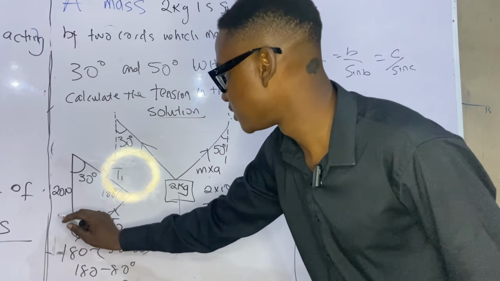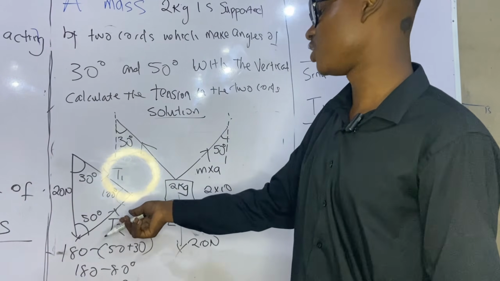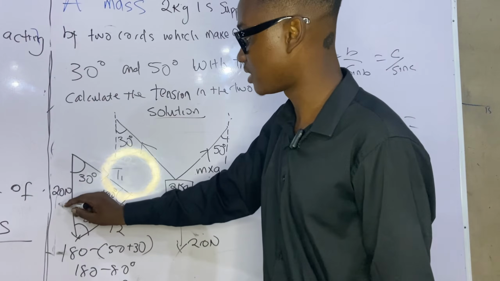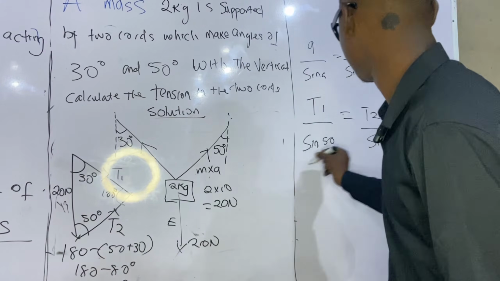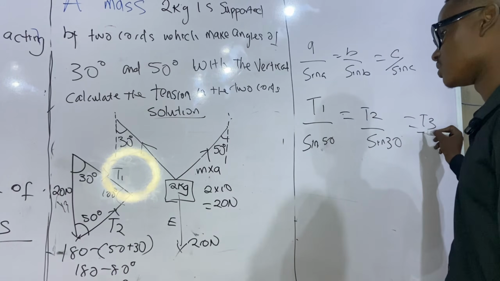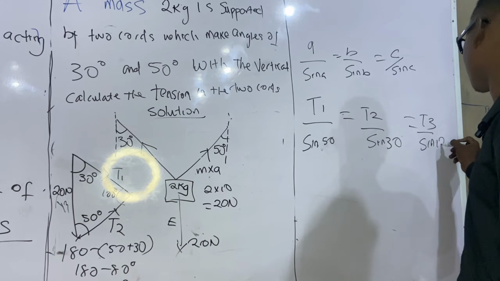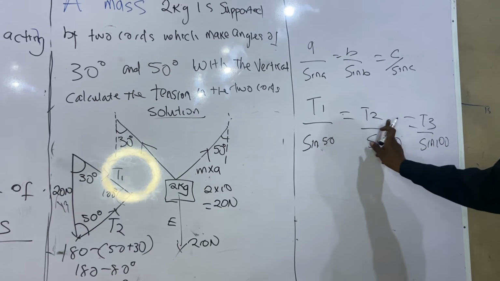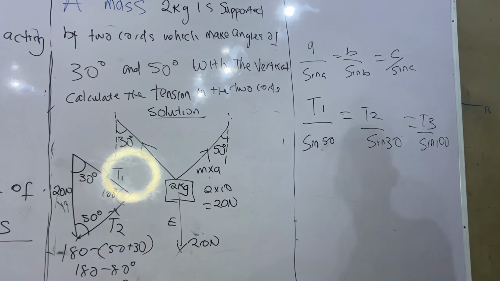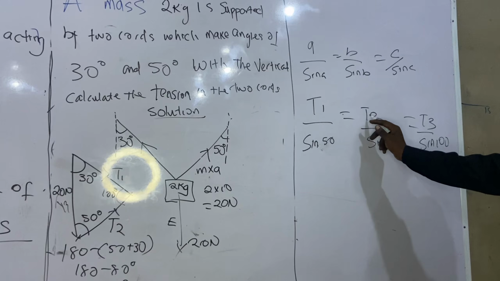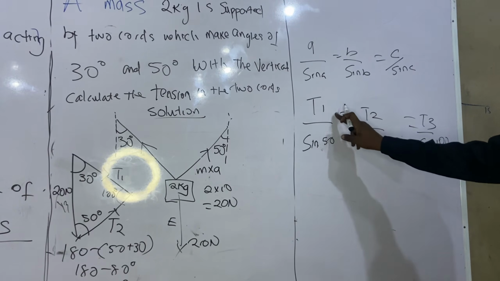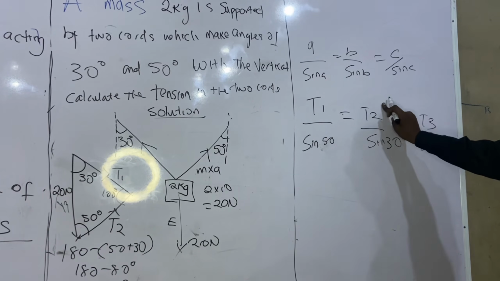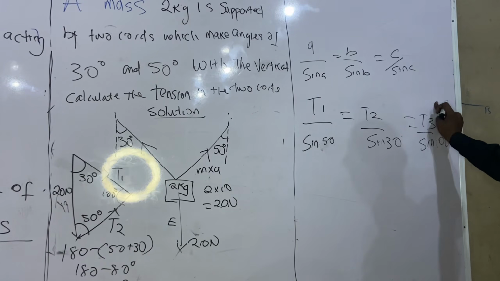Let's call this T3. T3 over sine 100. So now, if we want to look for T1 and T2, we just pick. Remember, T1 over sine 50 is equal to T2 over sine 30 equal to T3 over sine 100.